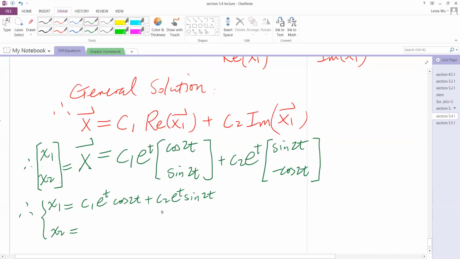And the second unknown x2 will just be c1 e to the t sine 2t minus c2 e to the t cosine 2t.